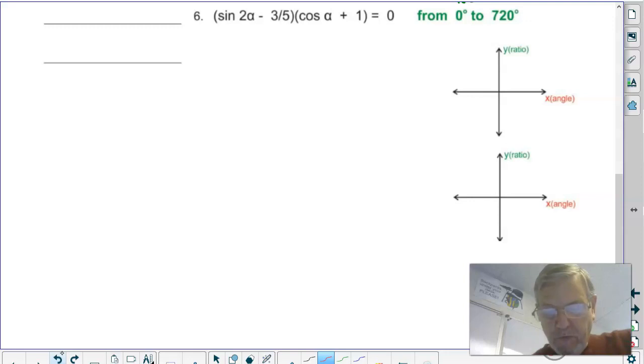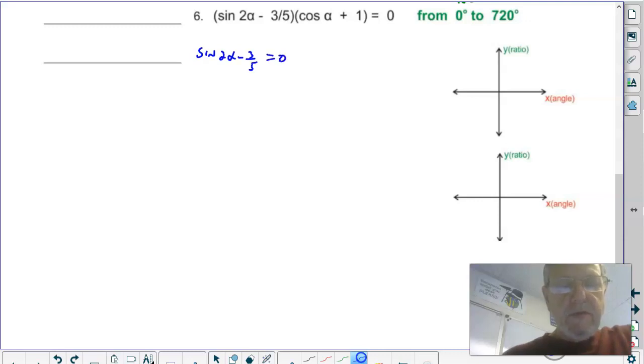Okay, so first one, sine 2 alpha minus 3/5 equals 0. There's our first equation. Now this one has its own period and it involves the aspects of the sine. So I'm going to do it first and then I'll come back to the cosine. Add a positive 3/5 to both sides, right? Now I'm going to isolate the sine function.